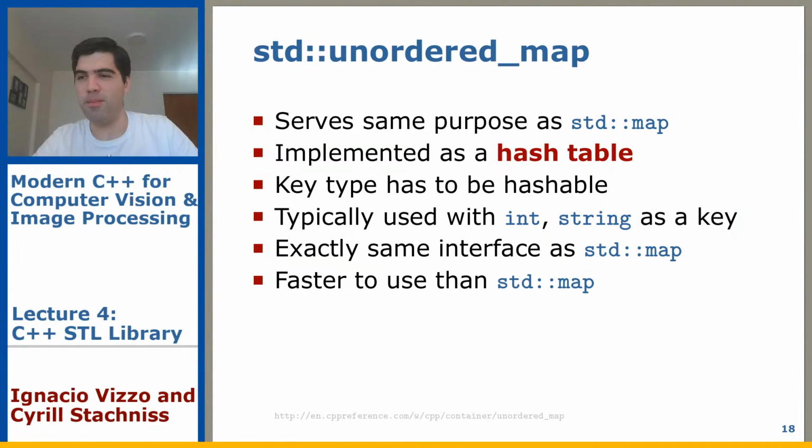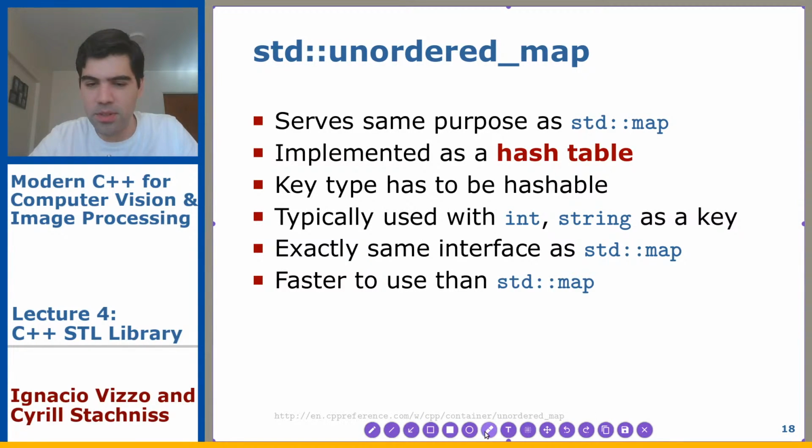There's another, probably more popular, associative container that is an unordered map. But as you might guess from the name, it is the same as map, but the difference is that you will not be sorting your map according to the key. So it's the same as a map. The only difference is that the key type must be hashable. So you need to be able to extract a hash from the key.